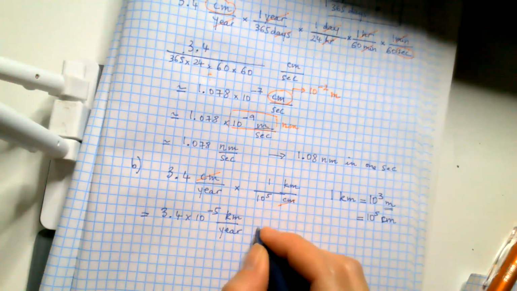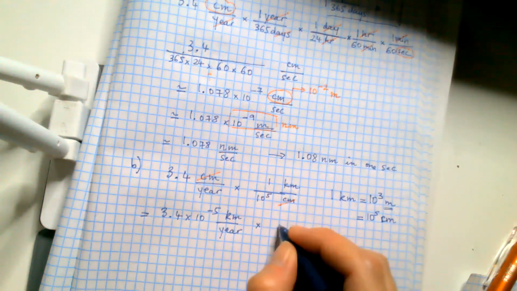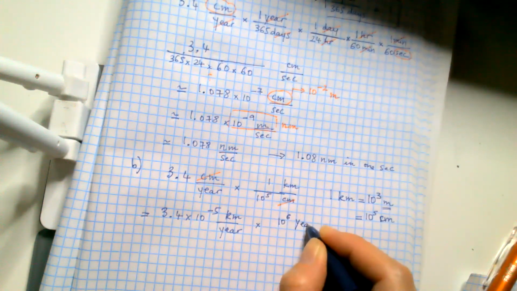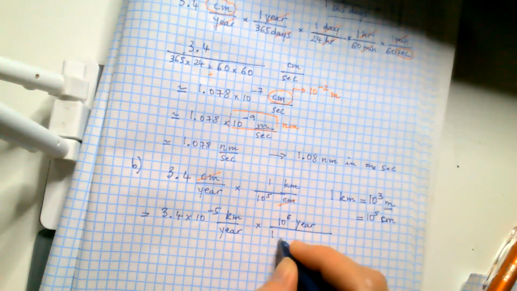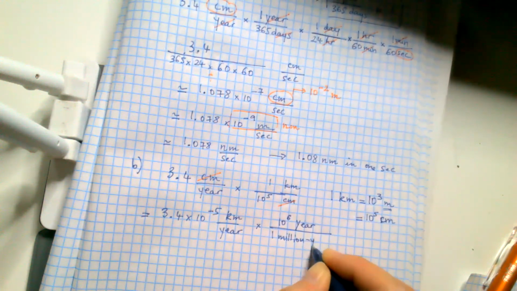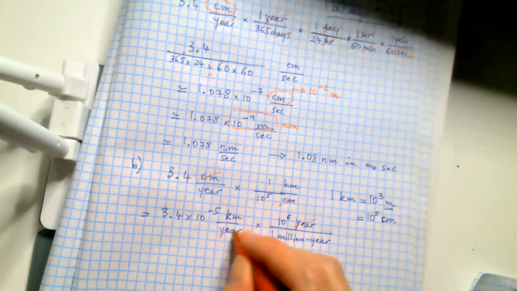So I'm going to do my little trick again and see, okay, what is a million years? It's 10 to the 6 years. So 10 to the 6 years for 1 million year. Okay, so that allows me to get rid of this.